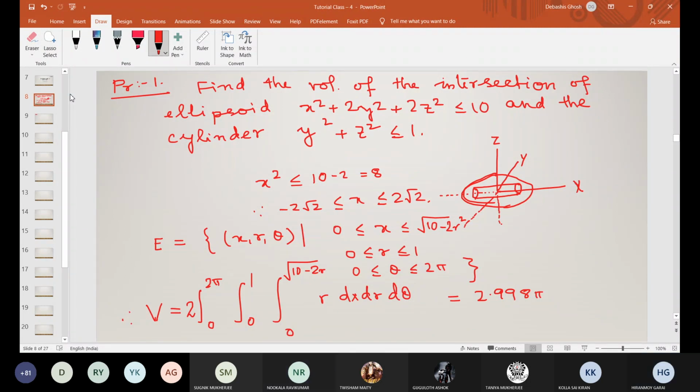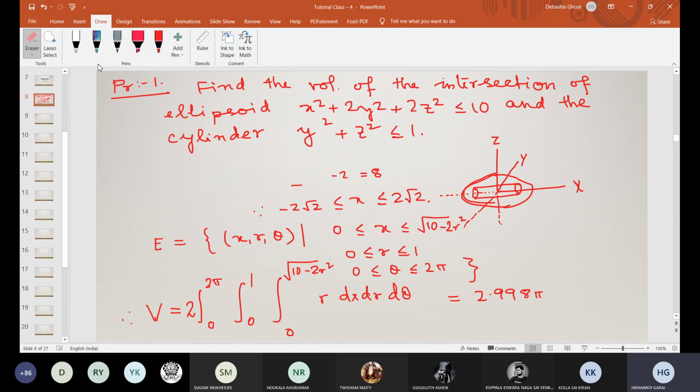Sir, how did we get 10 minus 2r? X square is less than 10 minus 2r in the first step. We are getting this in terms of Cartesian coordinates, and that is the point of intersection from these 2 points. But if you change to cylindrical coordinates, it's better to remove this portion.